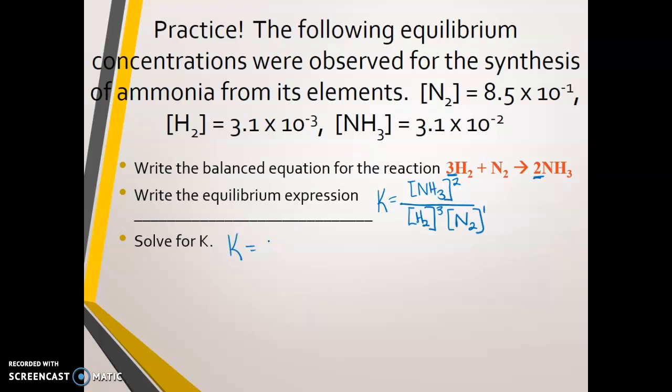The concentration of NH3 is 3.1 times 10 to the negative second, and we are squaring that, divided by hydrogen's concentration, 3.1 times 10 to the negative third, and we are cubing that, times the concentration of nitrogen, which is 8.5 times 10 to the negative first.